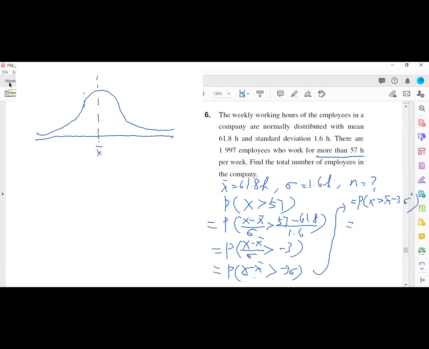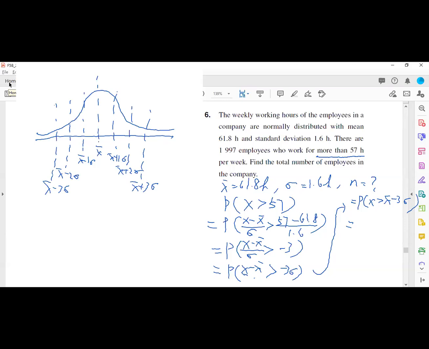X bar minus 1 sigma, X bar plus 1 sigma, X bar minus 2 sigma, X bar plus 2 sigma, X bar minus 3 sigma, X bar plus 3 sigma. This time we need X bar minus 3 sigma, okay?